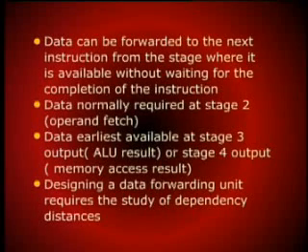Designing a data forwarding unit requires the study of the dependency distances, which means the minimum number of clock cycles required between the two instructions. Therefore the data cannot be forwarded with a distance less than what is specified between the instructions.